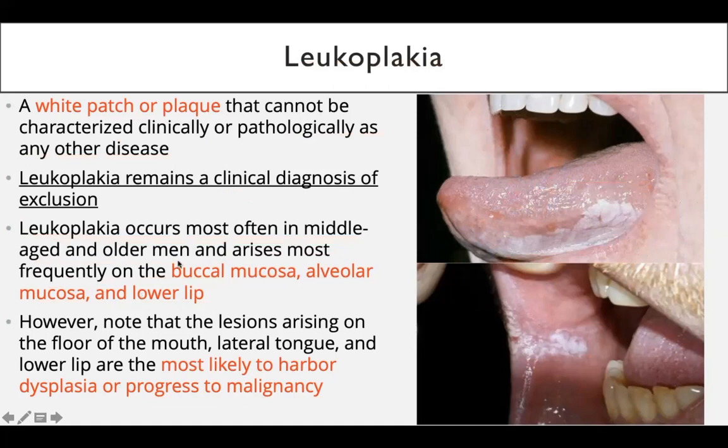But it's not limited to this, it can be anywhere else. However, remember, if something is in the floor of the mouth or lateral tongue and lower lip, it is most likely to harbor dysplasia. They are most likely to change into dysplastic tissue and progress into malignancy.